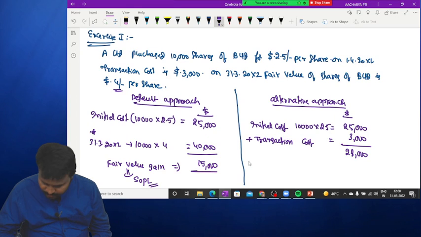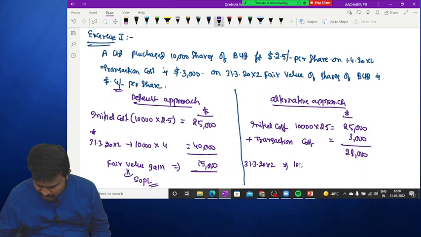Next. On 31st March 20X2, what is the fair value? $4 per share. So 10,000 into 4, how much amount is there? 40,000. Then is there fair value gain or fair value loss?